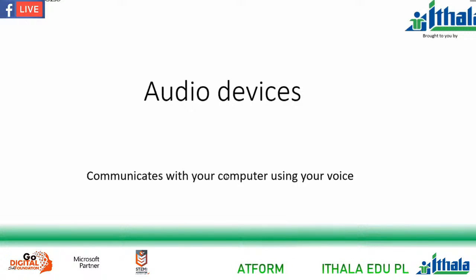You cannot use a microphone just for nothing. You use your microphone to do what? To communicate with your computer using your voice. You use a voice recognition device to tell your computer what it has to do. Examples or types of audio devices are microphones and voice recognition devices.